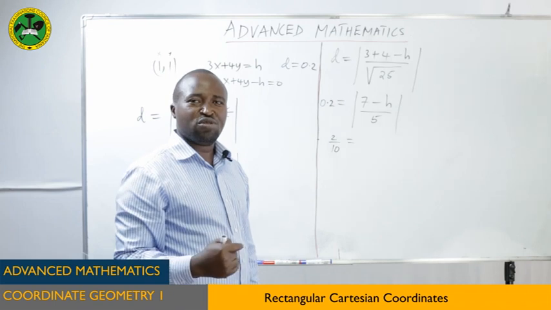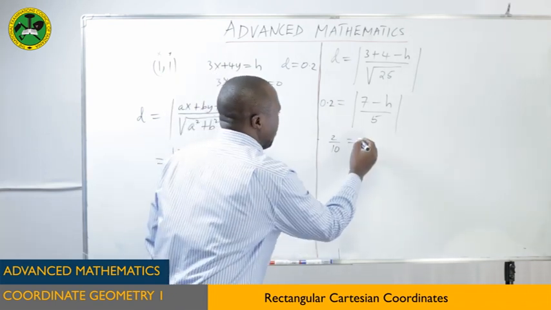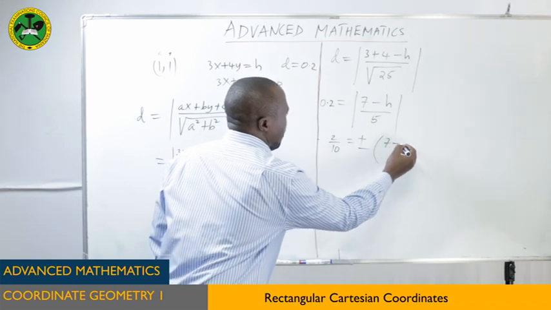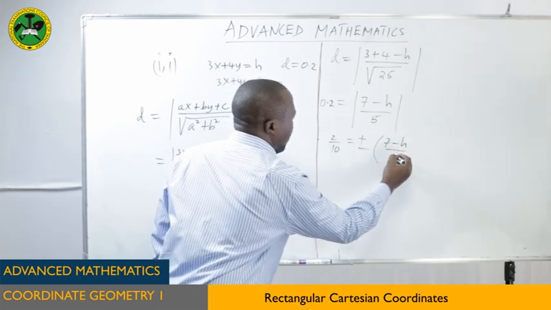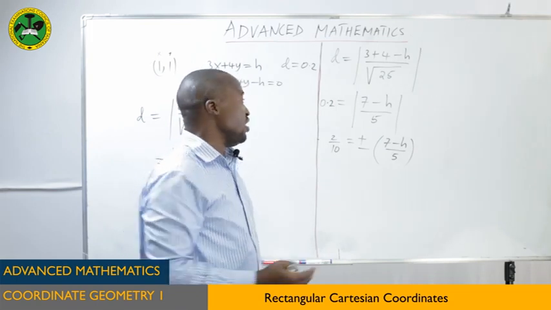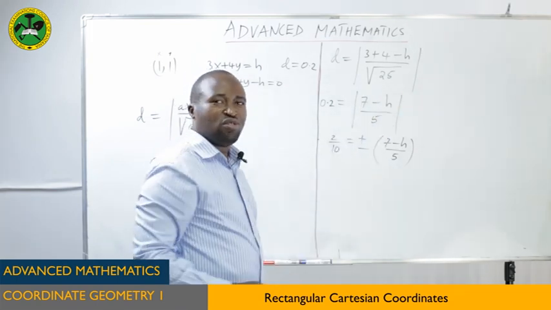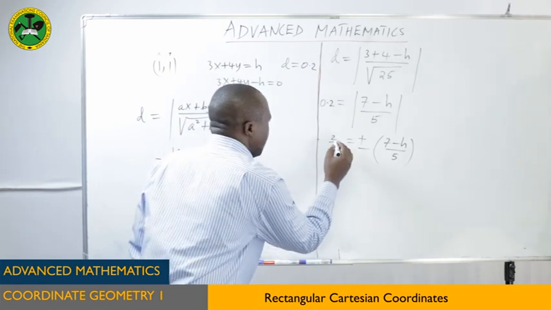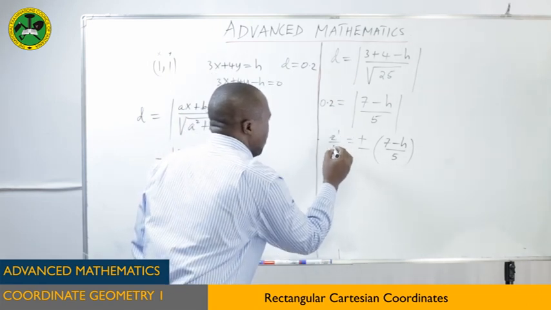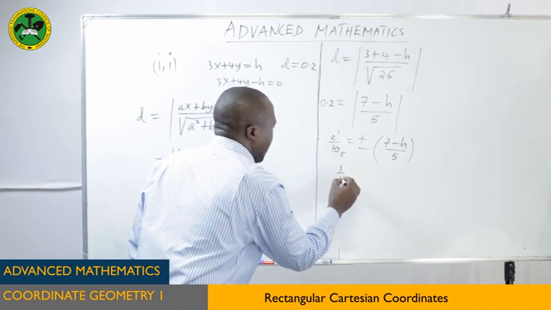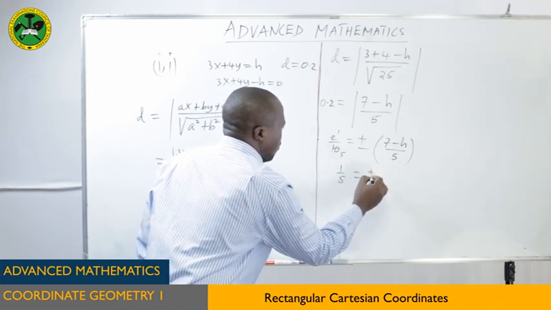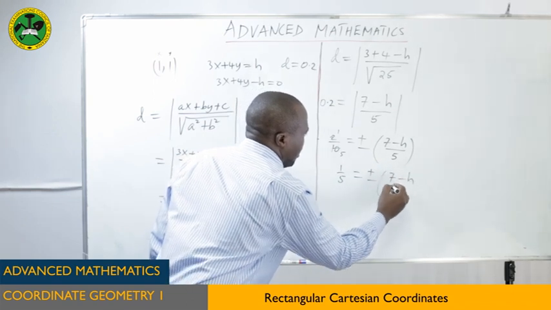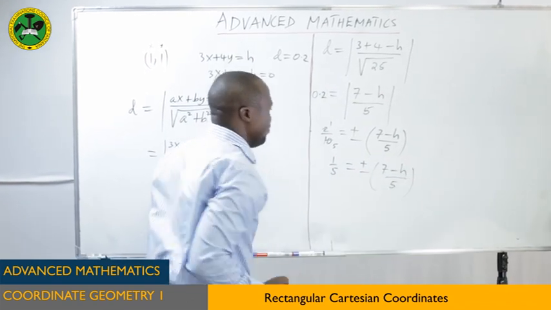We introduce plus or minus followed by a bracket of 7 minus h over 5. So we have 1 over 5 is equal to plus or minus 7 minus h over 5.